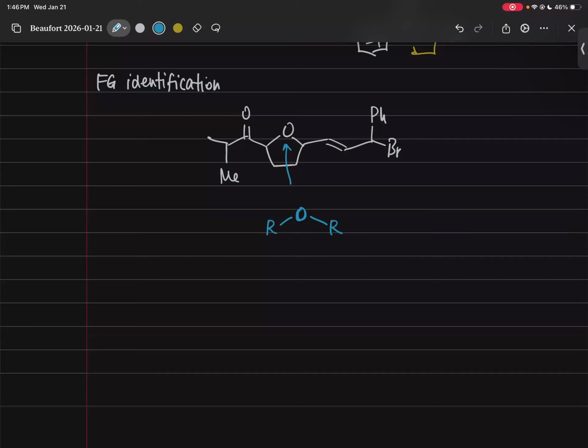Then you go look on your chart and you find that this is called an ether. A ketone has a carbon oxygen double bond. This is an ether. Yes, the same stuff that you soak a rag with and knock somebody out.